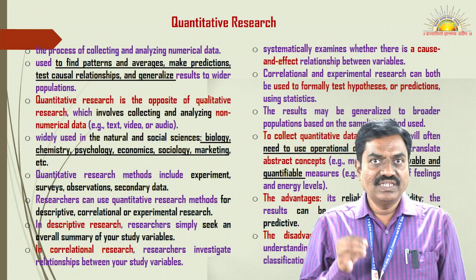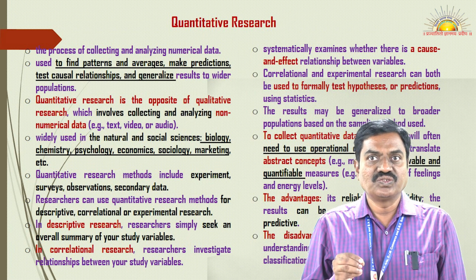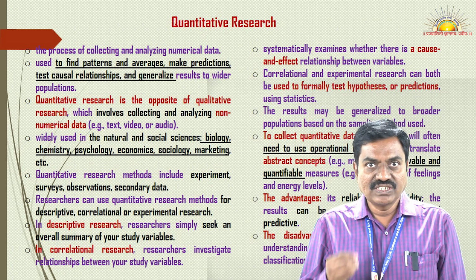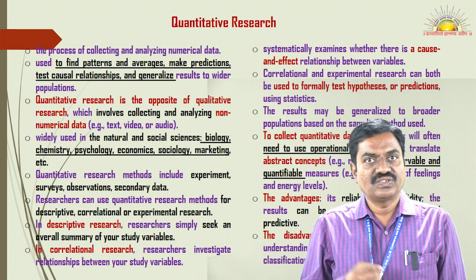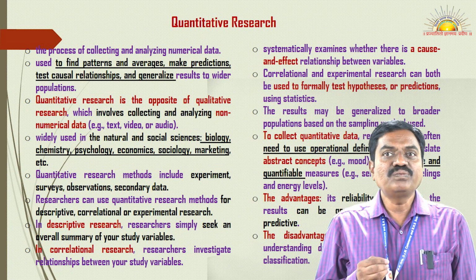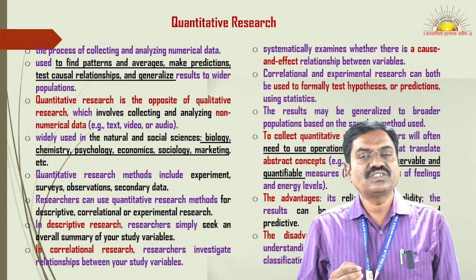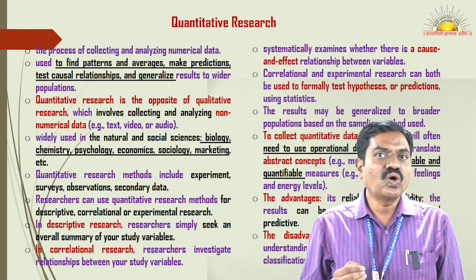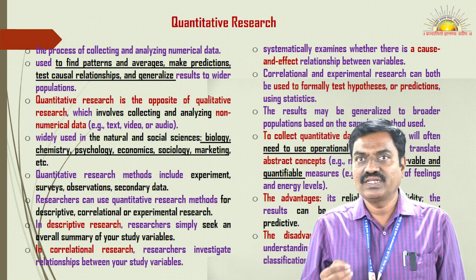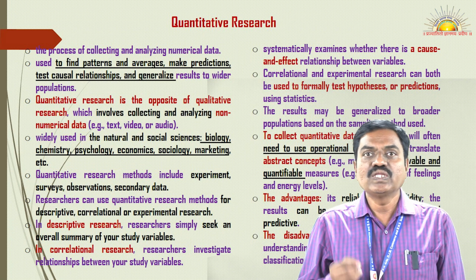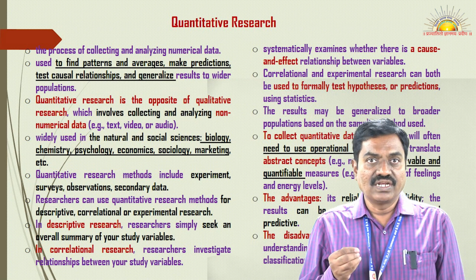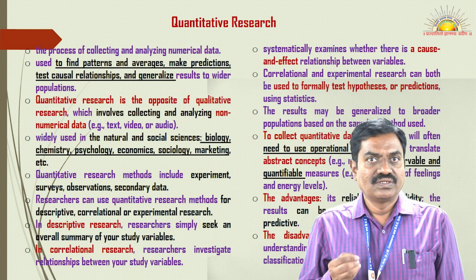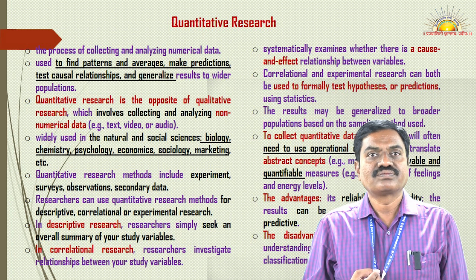Researchers in this particular type can use quantitative methods for descriptive, correlational, or experimental research. In descriptive research, researchers simply seek an overall summary of the study variables. In correlational research, researchers investigate the relationship between the study variables.